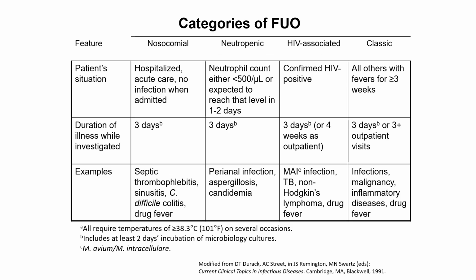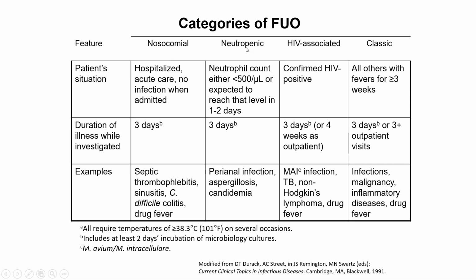Now, over a period of time, we have been able to categorize fever of unknown origin or prolonged fevers, FUO especially. This category was given by Durack and Strait, and these are the 4 classical categories of fever of unknown origin. The first category is nosocomial, meaning the fever is acquired within a healthcare setting, not just a hospital setting.